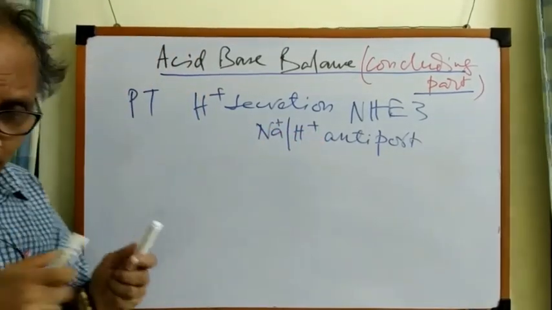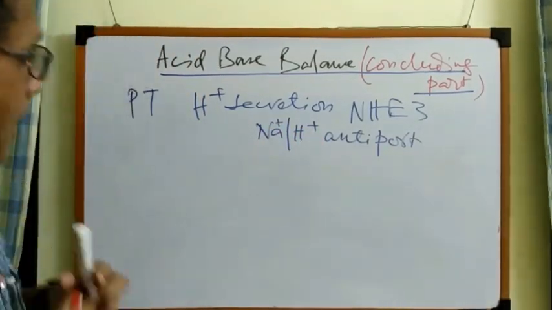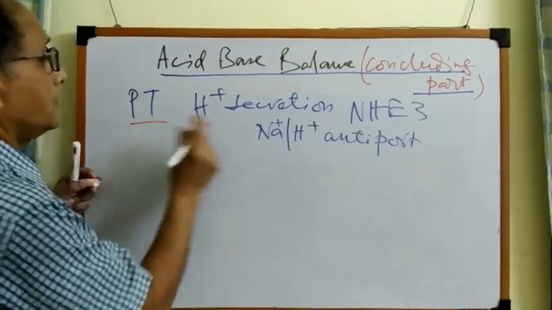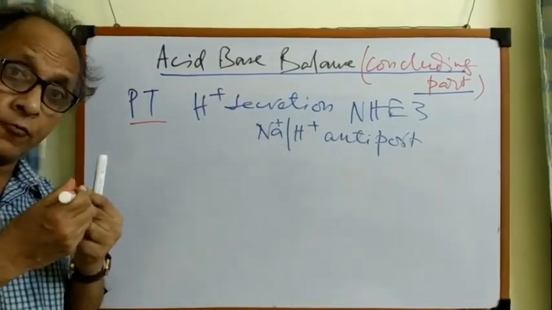So in the proximal tubule, the hydrogen ion secretion is done by sodium hydrogen antiporter.